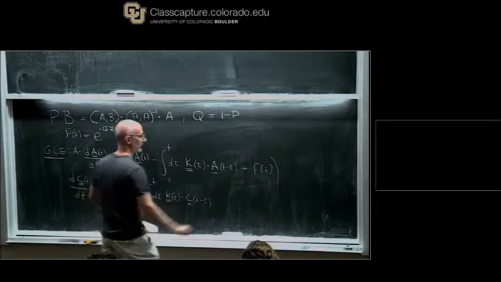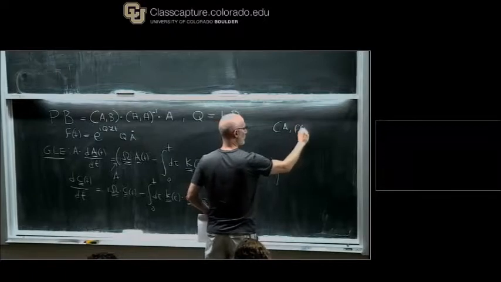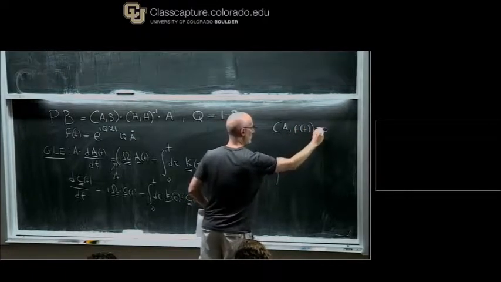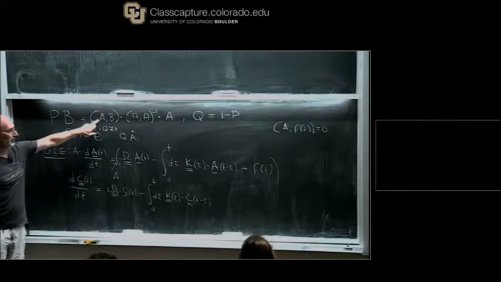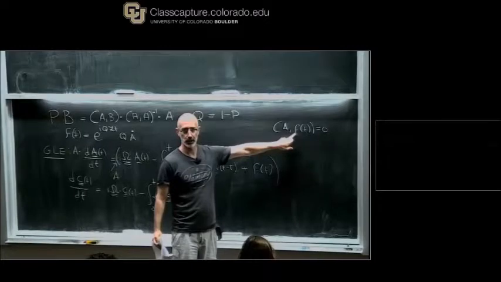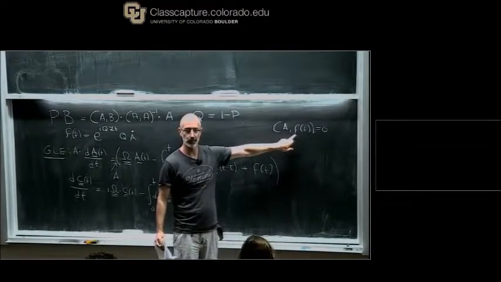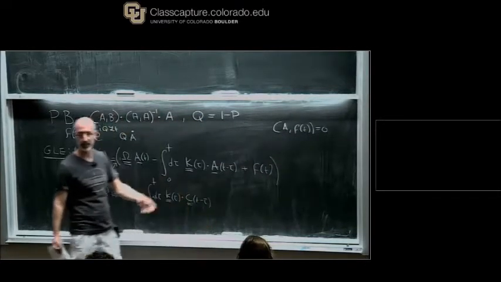Remember that at any time, the overlap of A and F of t is 0. Because the projector projects onto the space of A, and F at all orders is a function of the complementary propagator, the complementary projector 1 minus P. So always the 1 minus P acting on A is going to give us 0 at any time.